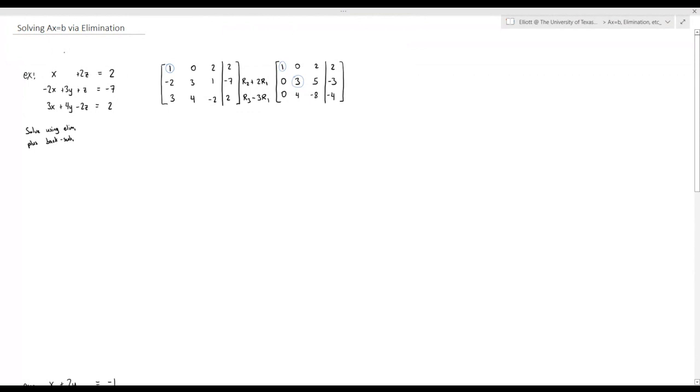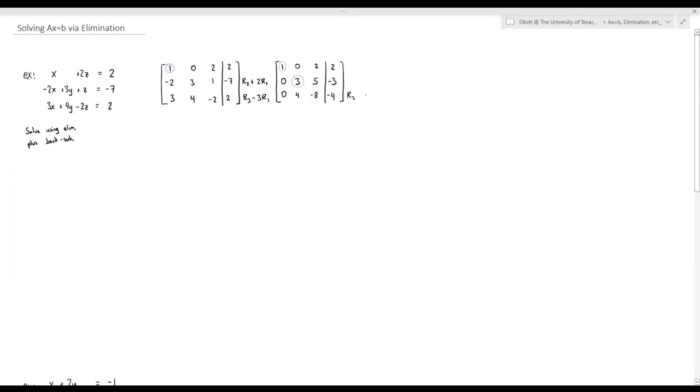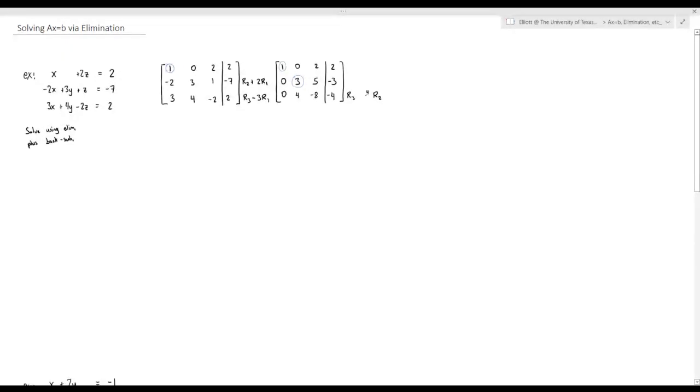If you're in a situation like this where the numbers are not super nice, don't be shy or afraid of using fractions if they are necessary. So here, if you wanted to use the 3 as a pivot to eliminate the 4, you would take row 3 and subtract 4 over 3 of row 2, like that, okay?